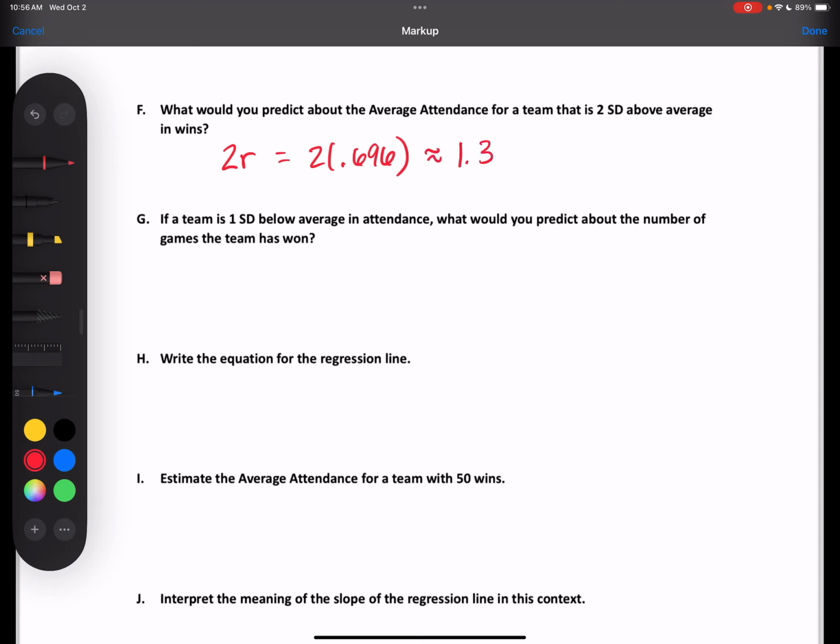You're probably wondering what that number means. We wanted something that was 2 standard deviations above in wins, and we wanted to know what it means for attendance. By multiplying 2 times our correlation coefficient, that gives us our standard deviation for average attendance. So that means we're 1.393 standard deviations above in average attendance.